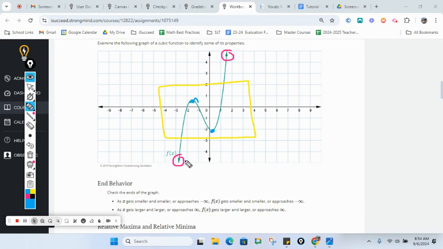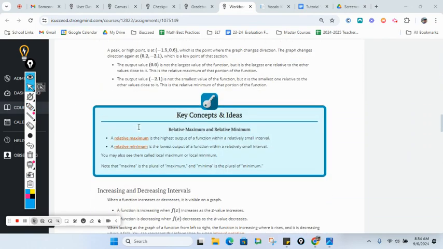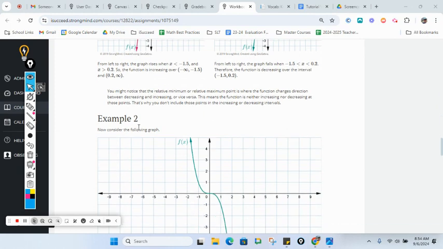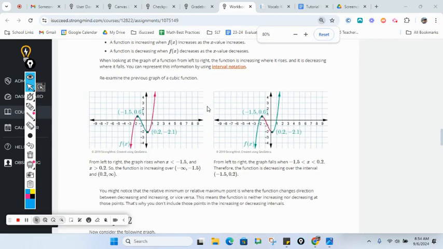So relative to this piece that we're looking at, I have a maximum and a minimum here. That, I think, is a tricky wording within this workbook. So we keep on going through different examples of how to identify those different maximums and minimums.